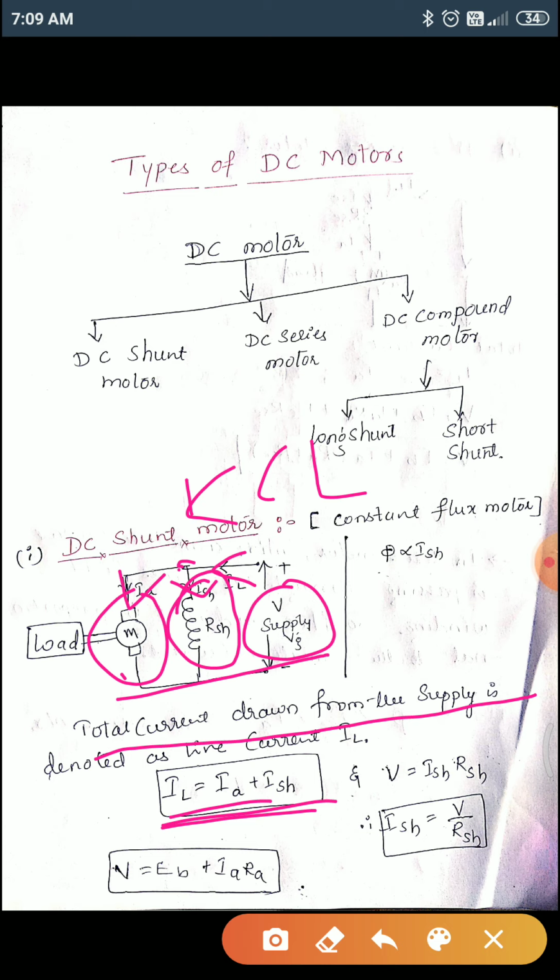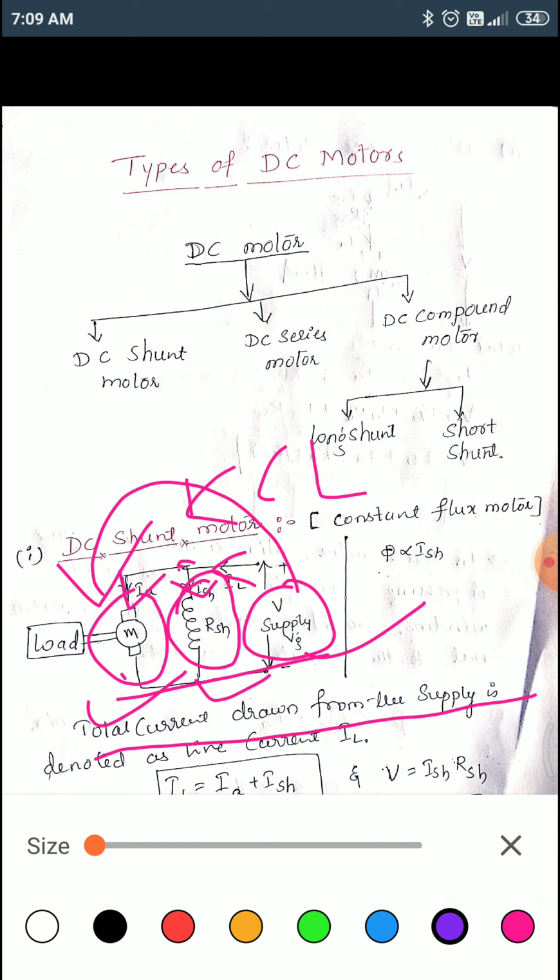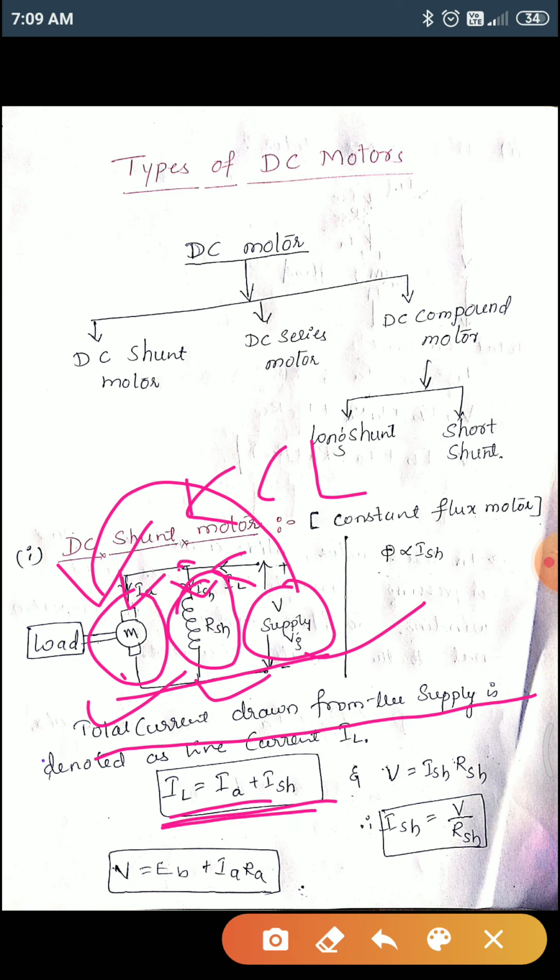You can write V in terms of the armature first. The voltage across the armature is, as we said, the back EMF EB in the motor, as discussed in a previous class, as well as the voltage drop across the armature's internal resistance RA.